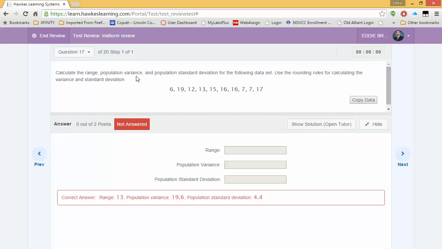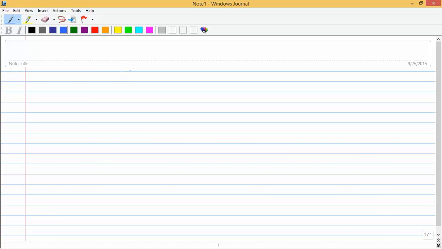There are two formulas for variance. One is for sample, one is for population. The main difference for population, whenever you sum up all the x minus x bar squared, all of your deviations squared, you sum all those up.